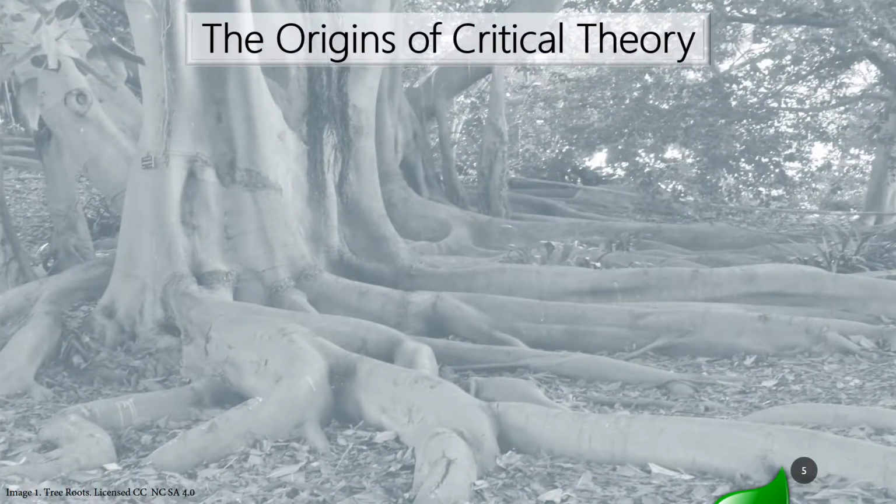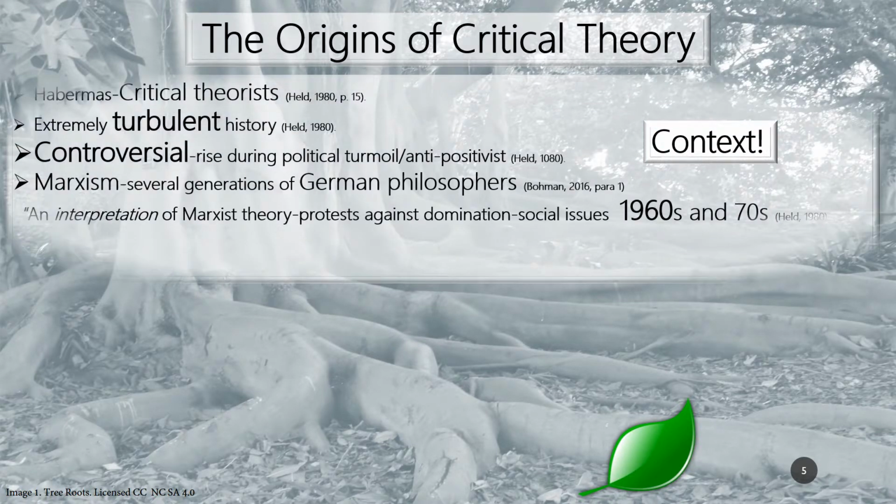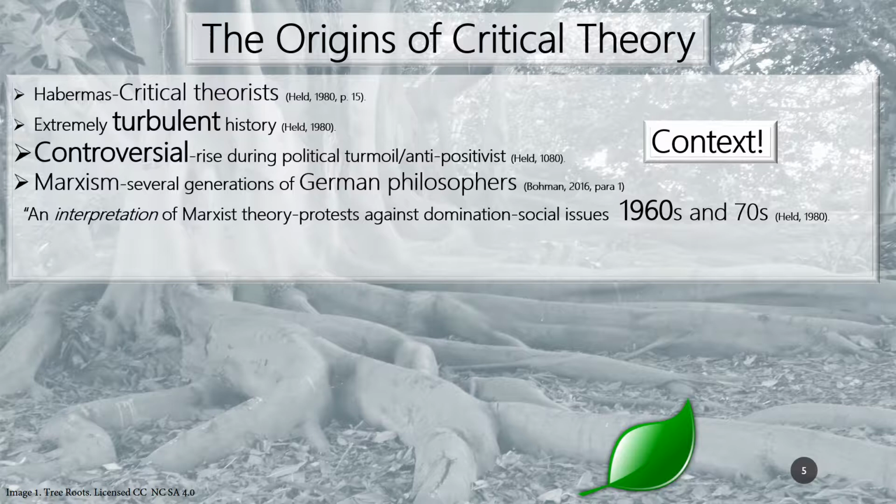There have been many critical theorists, and as I said, Habermas has been a significant contributor to nursing theories. Critical theories have usually come about during political upheavals, and they've been controversial in many ways, including that they have an anti-positivist perspective. They have evolved over time and emerged based on the context at that time.